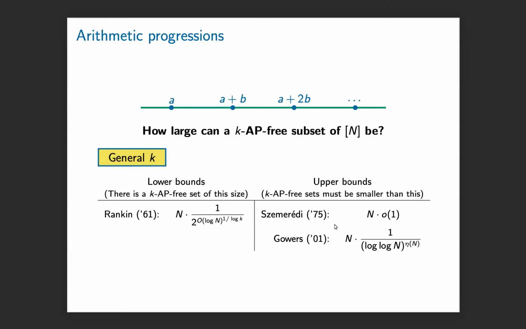And the best that I'm aware of, there might be a subsequent improvement recently, I apologize if I've missed that, but the best that I know of is this Gowers paper from 2001, where we have some very small density discrepancy that we can account for in the upper bound.